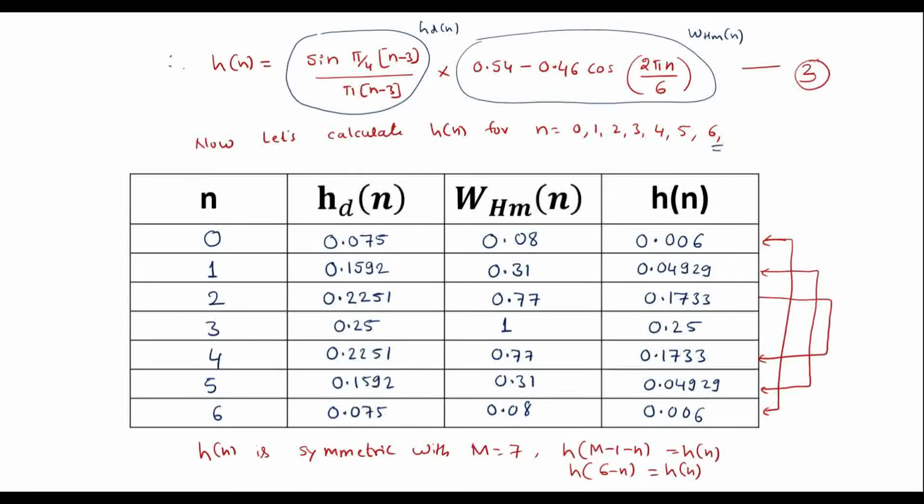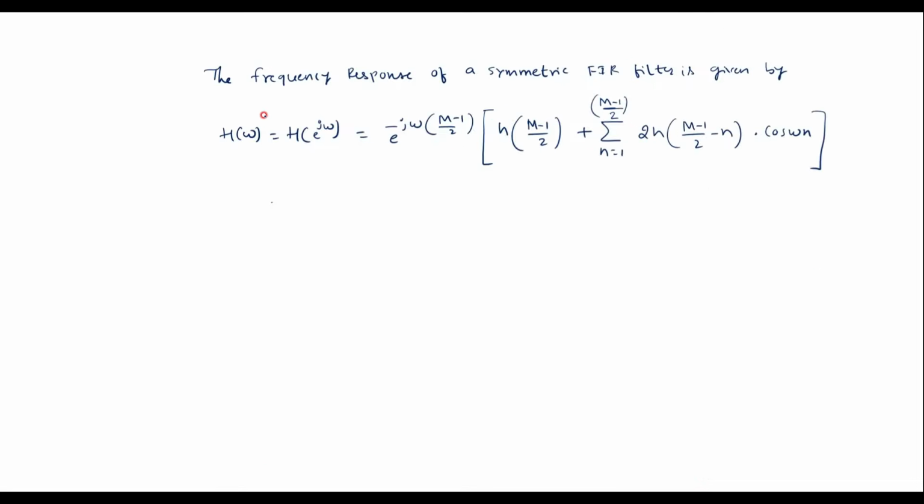Now we'll calculate the frequency response of the symmetric FIR filter. This is the formula to calculate the frequency response of the symmetric FIR filter. So now I will calculate it as H of e power j omega is equal to e power minus j omega times, M is 7, 7 minus 1 is 6, 6 by 2 is 3, so I can write it as e power minus j 3 omega.